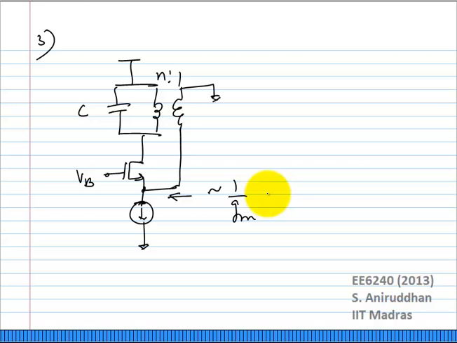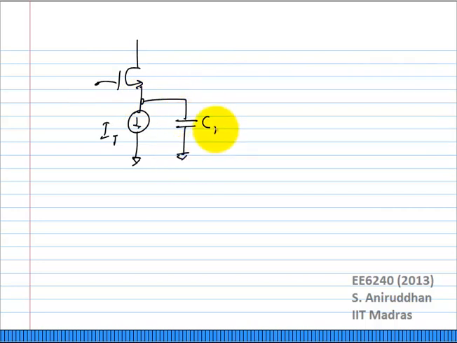Now, apart from this, there is one more aspect which you need to understand. We will just consider the Colpitts oscillator as an example. So let us say I take this Colpitts oscillator, and this is your IP, let us say, and you have this capacitor C1 from the source to ground.